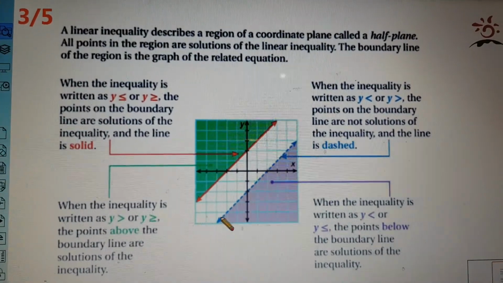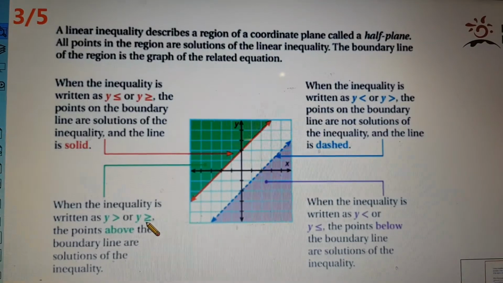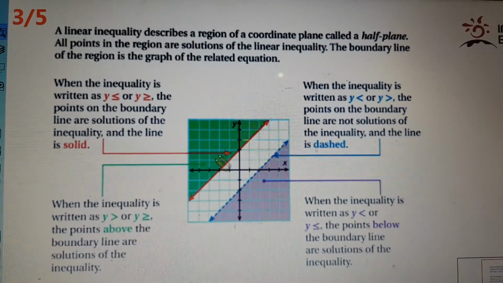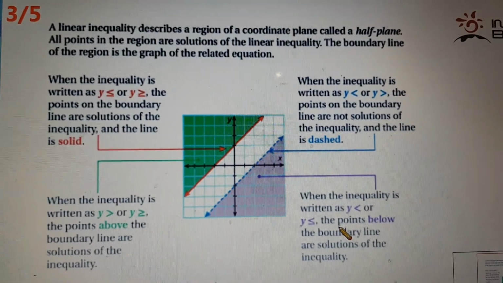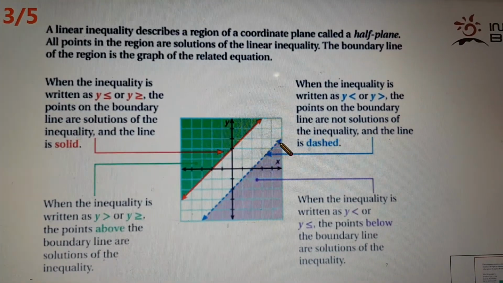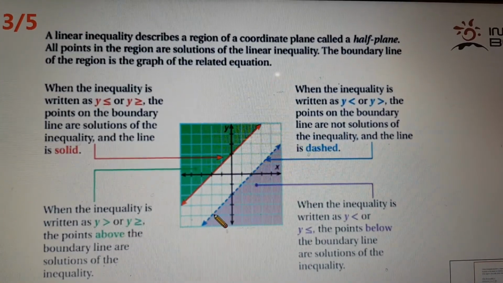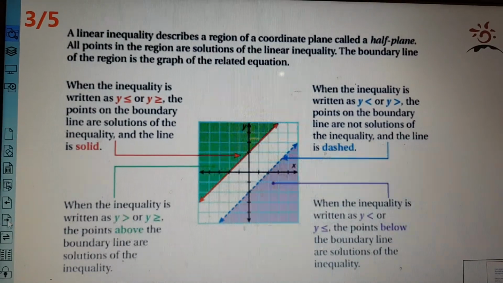If you have greater than or equal to, we will shade above the line. If you have less than or equal to, we will shade below the line. Here is a way to graph a linear inequality.